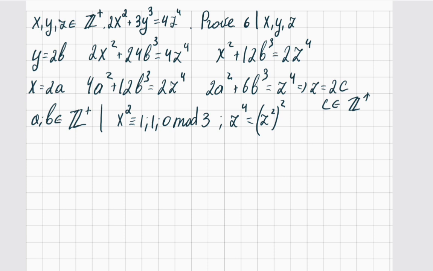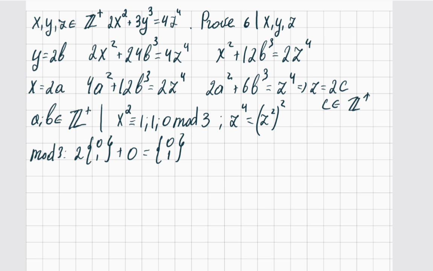Let's also take into consideration these three numbers, 3, 2 and 4. 2 is 2 mod 3, 3 is 0 mod 3, and 4 is 1 mod 3. So in the end, in mod 3 we will get this equation: 2x squared, which is actually either 0 or 2, plus 0 is equal to either 0 or 1.